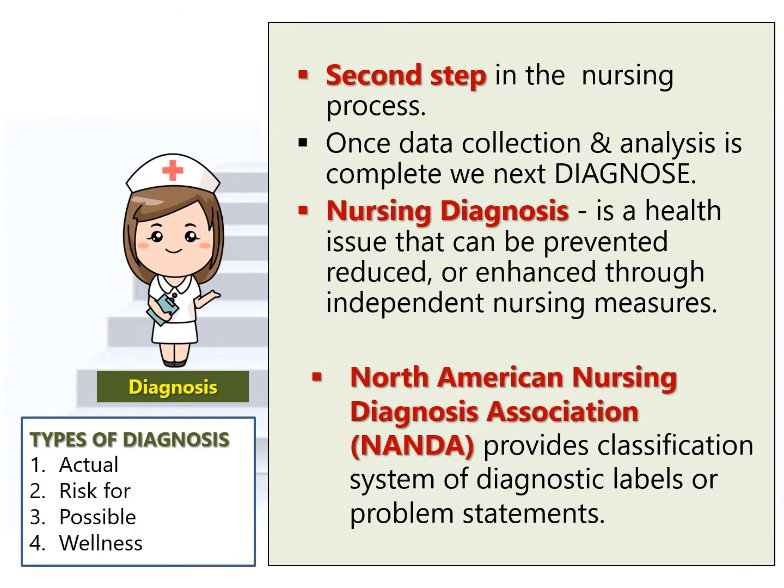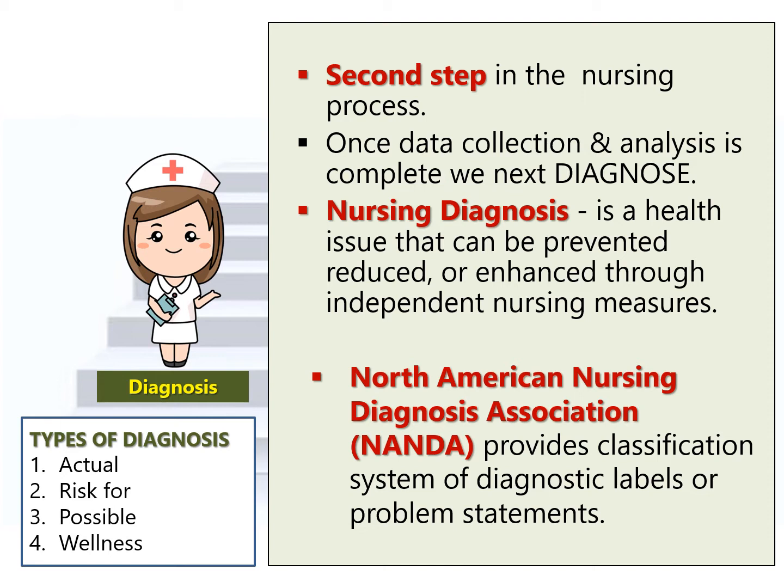Okay, the second step is diagnosis. After you gather all the assessment data, you now have to diagnose, or put a label on what the problem is. The nursing diagnosis is a health issue that can be prevented, reduced, or enhanced through independent nursing measures. Okay, and there are types of diagnosis.